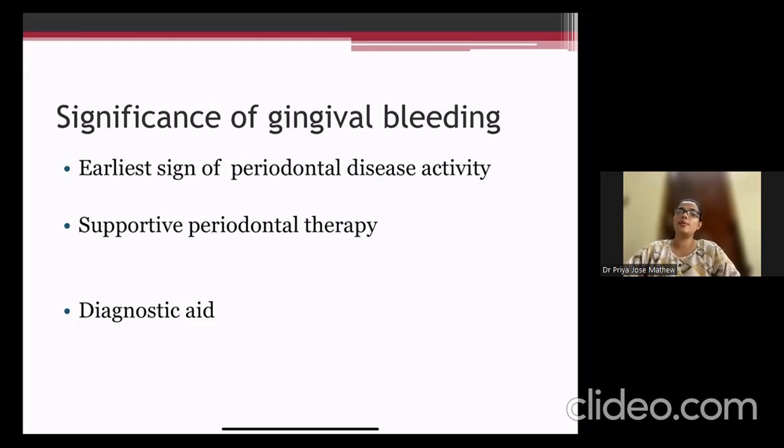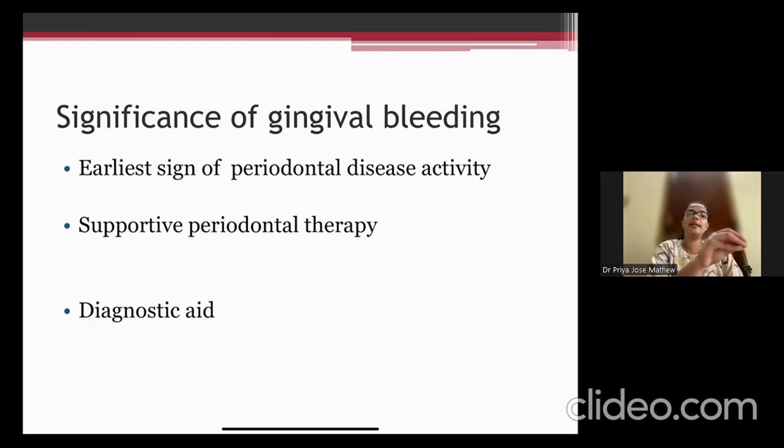We have a very wide array of diagnostic aids. You have clinical aids, then microbiological aids, and biochemical aids. When we see the clinical aids, this assessment of gingival bleeding is still considered a clinical aid.